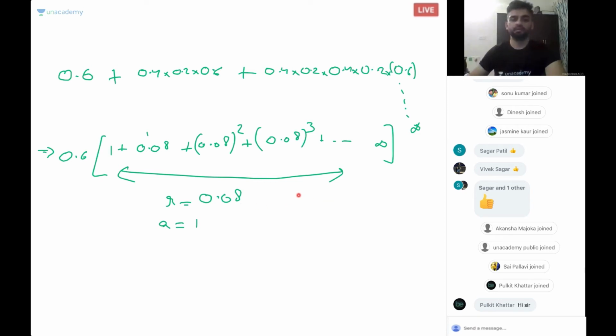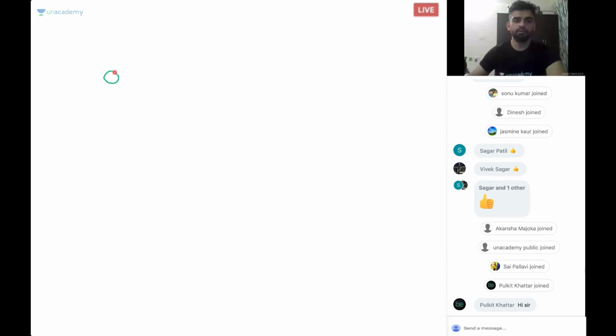The sum of the GP with R less than 1 is given to me as A upon 1 minus R. Okay, so this becomes 0.6 into 1 upon 1 minus 0.08. This becomes 0.6 into 1 upon 0.92, and whatever the value it turns out to be.